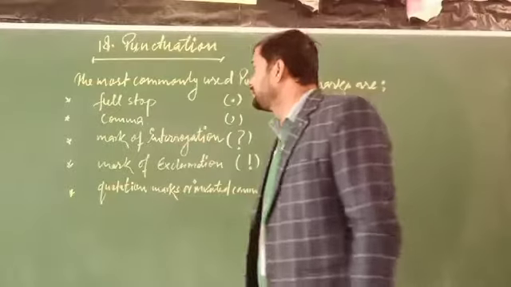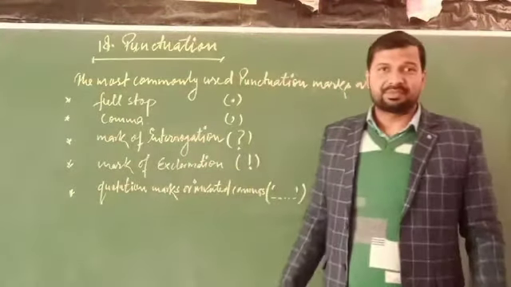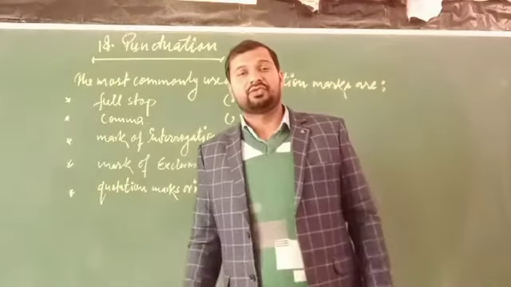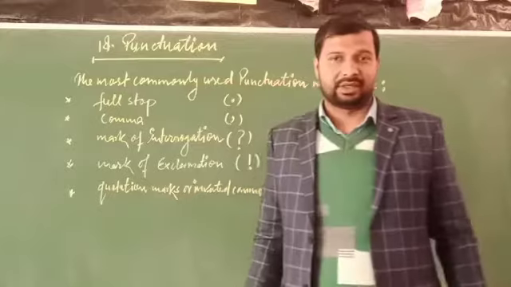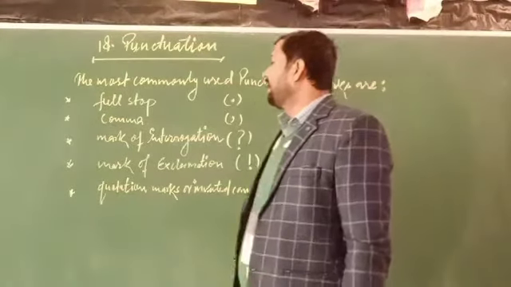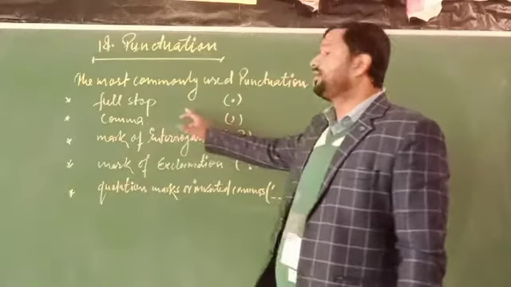Now you see students, for each topic we have some certain rules, and we have to follow all those rules to make the sentence properly. Okay, here at first you understand in a very short way, full stop.